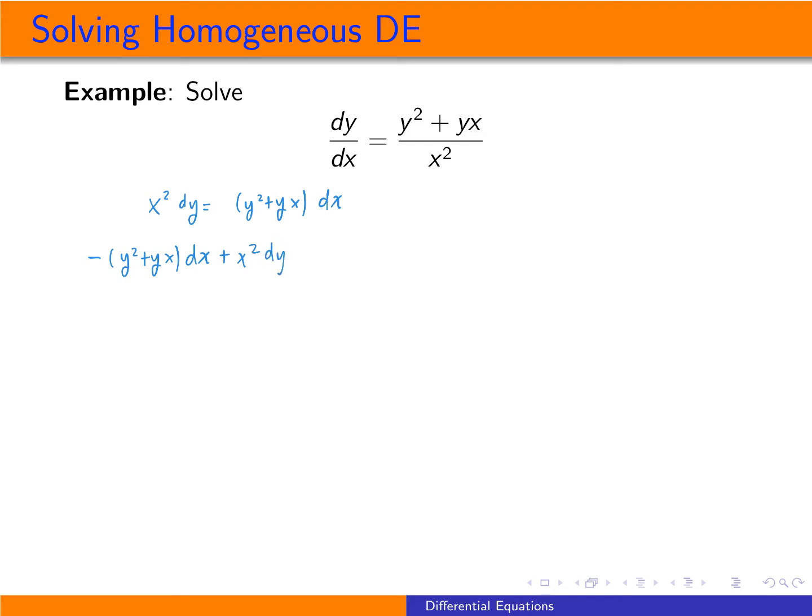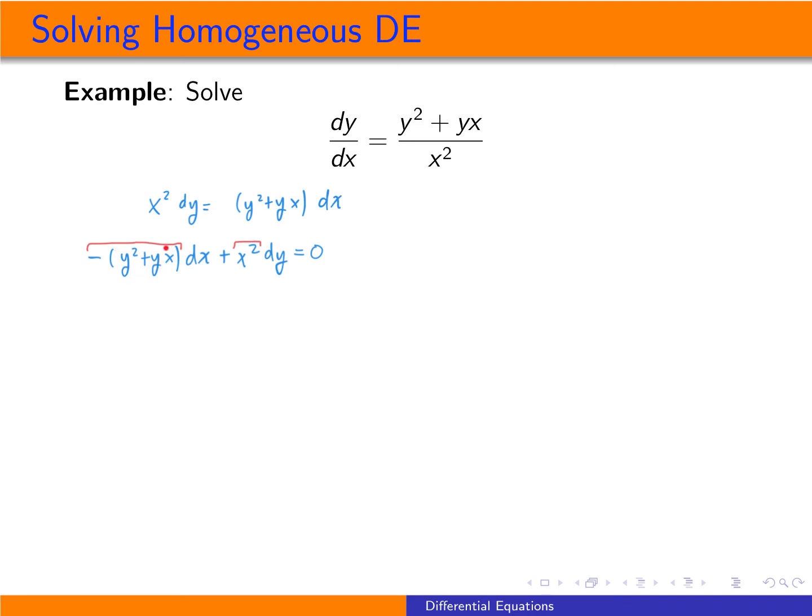So if we bring everything over to the left, we would have minus (y squared plus yx) dx plus x squared dy equals 0. And what I want to note is that for the function paired up with the dx and the function paired up with the dy, every individual term is a polynomial term of degree 2. So y squared, power 2; y times x has that net power of 2.